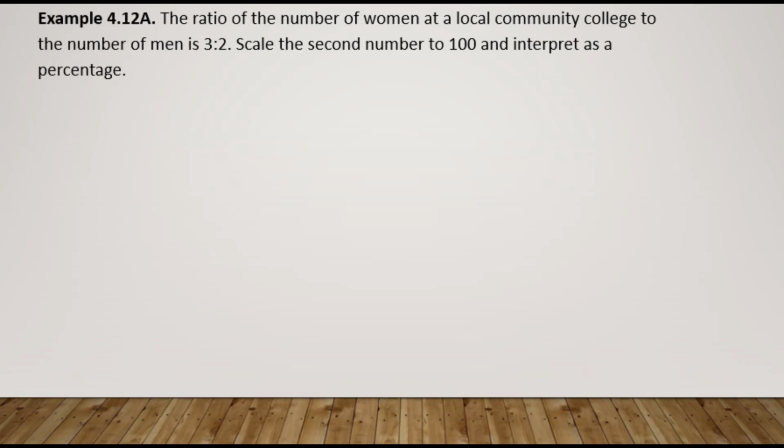Okay, example 4.12a right here. It says the ratio of the number of women to the number of men at a community college is 3 to 2. That is men.